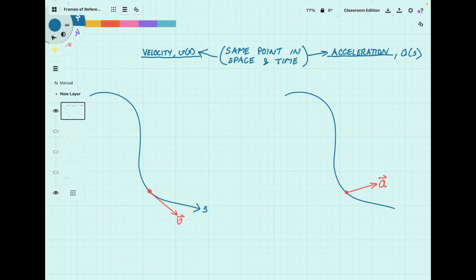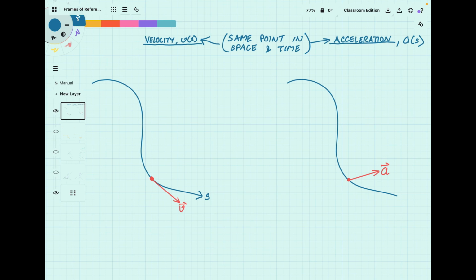So what I'm going to look at here is just a random curve and a particle that's in motion along that curve at some point in space and time, and that's represented by the red dot here. And I've got a velocity vector on there on the left and an acceleration vector on the right.